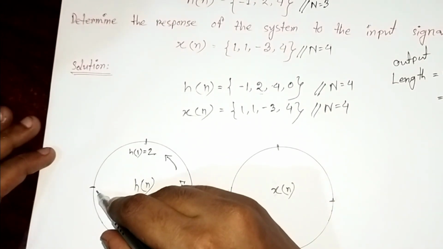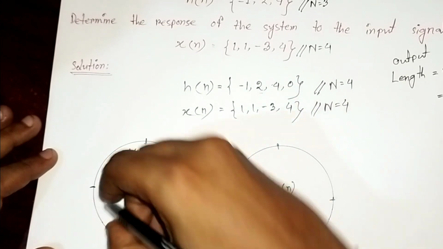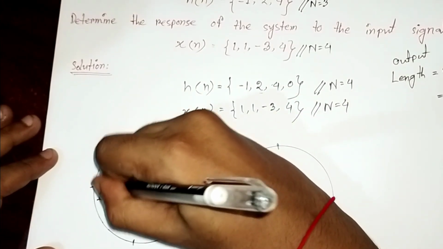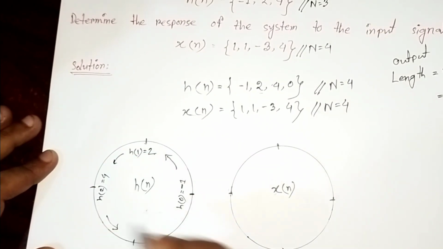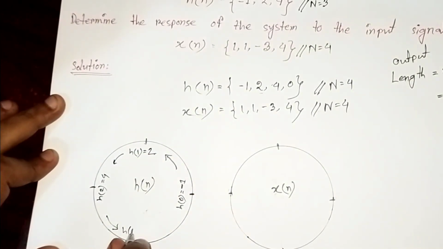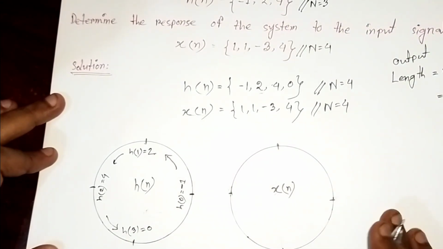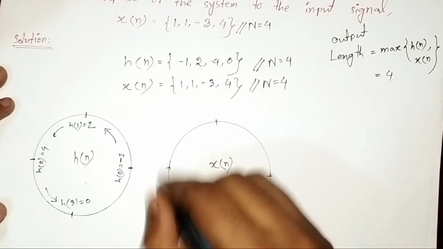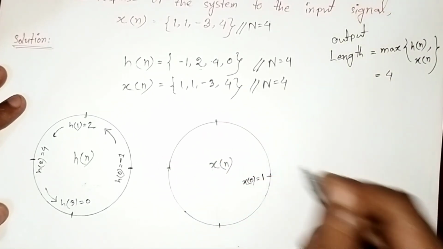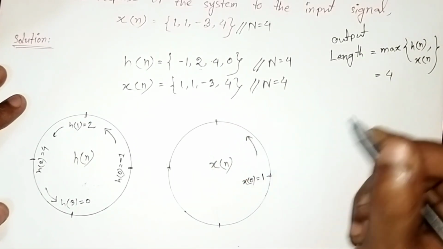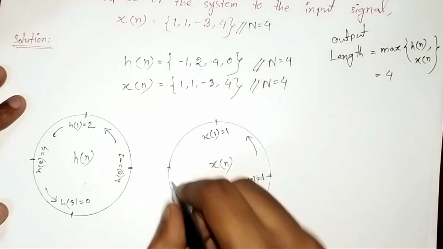Then this will become h of 2, that means 4, and similarly at the end we will get h of 3, that is 0. Similarly I will fill out this circle. x of 0 is 1, anti-clockwise. Remember that you have to fill it in anti-clockwise direction.